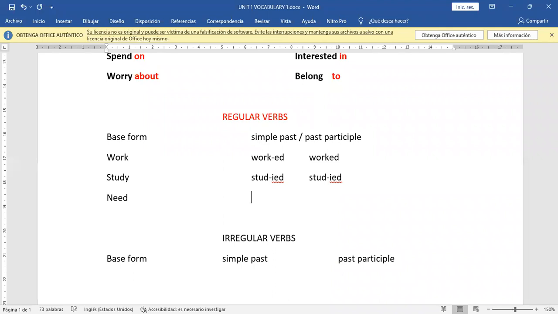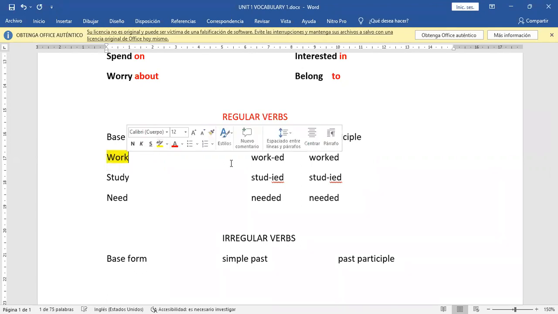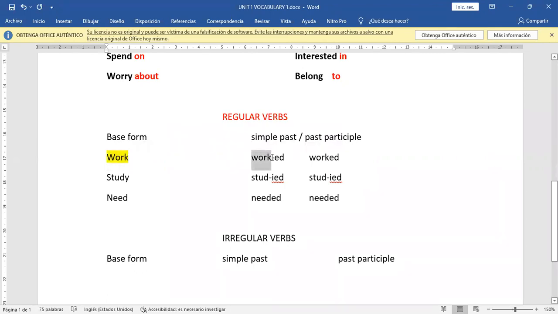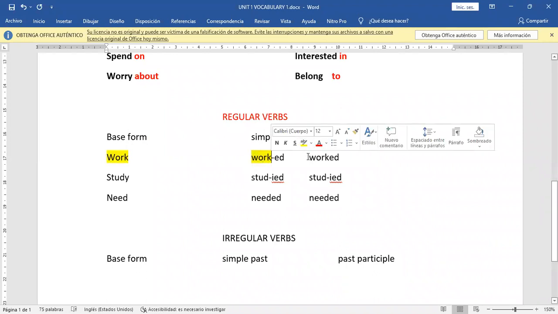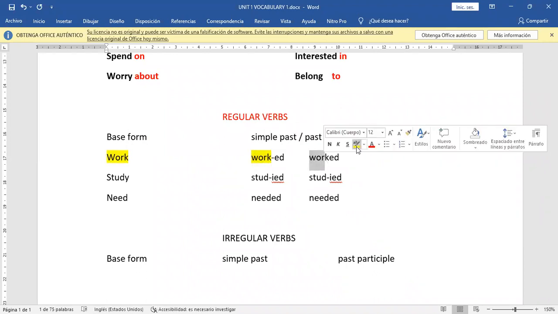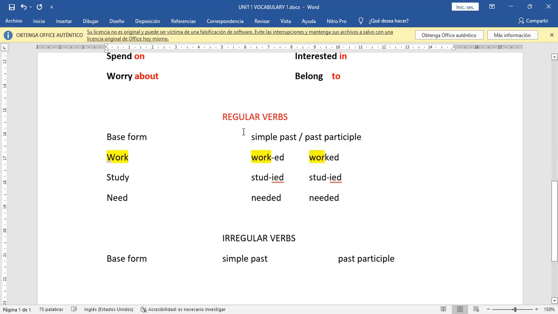Need, simple past needed, past participle the same, needed. These are regular ones because the base form is maintained in each tense. That is regular. But it's not like that for irregular verbs.